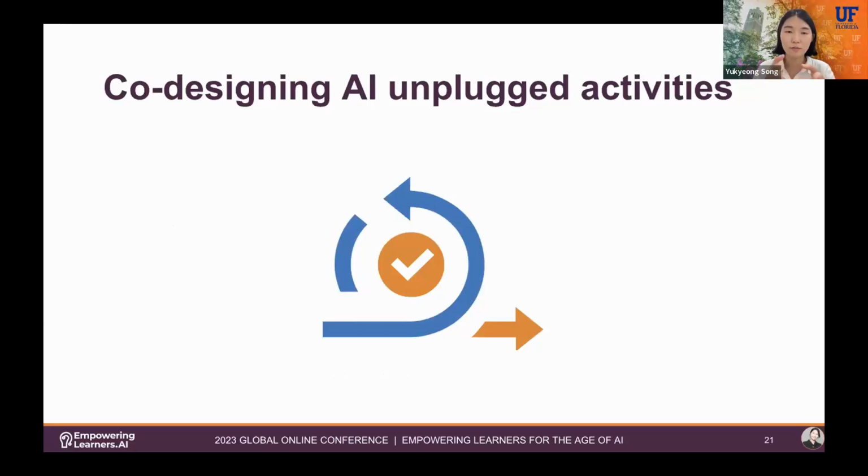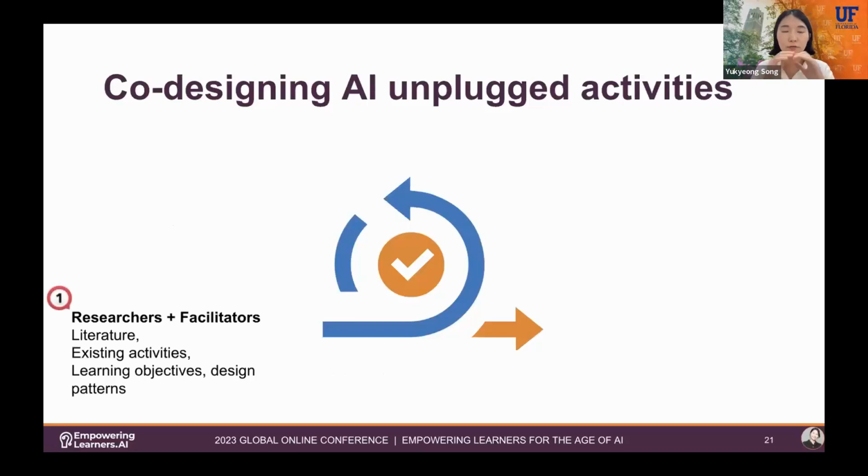So we adopted this iterative design process for designing the AI unplugged activities. In the first phase, we asked facilitators to volunteer if they were interested in designing this activity. So 3 undergrad facilitators volunteered to be in the team. So 2 PhD students and 3 facilitators gathered together.